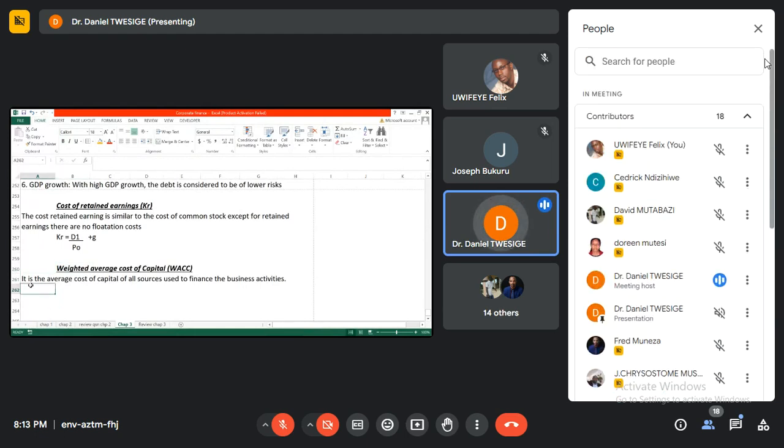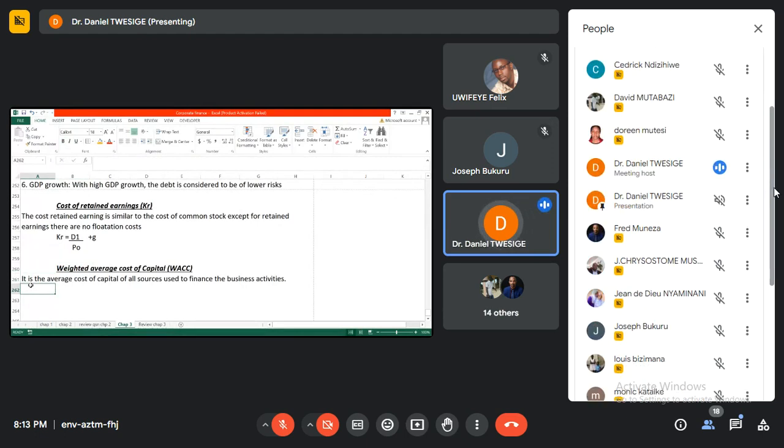So how do you get WACC? There are different ways to compute WACC.